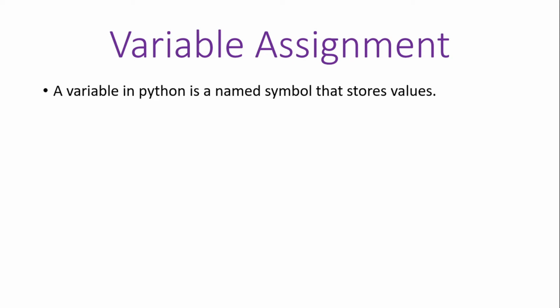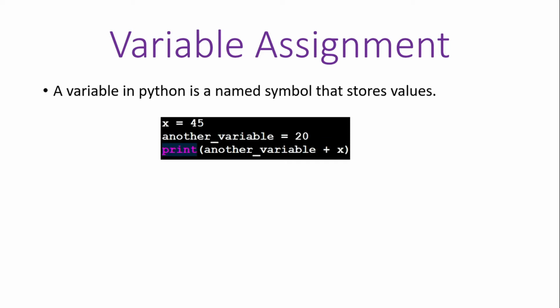Okay, so now what are variables? Variables in Python are the named symbol that stores value. Like in a kitchen, suppose you have a jar and you put some salt in it and you label it, "Oh, that's salt," with tape or paper. Similarly, in Python, you're assigning a value to a variable like this.